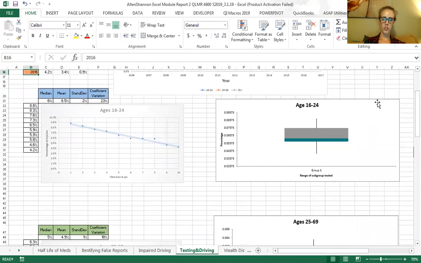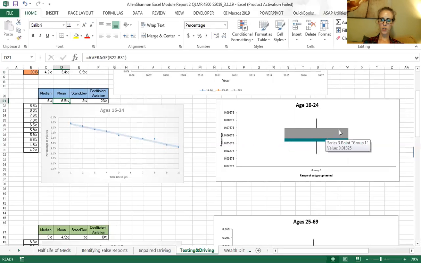Here is the age group of 16 to 24-year-olds. The average is 6.5% of 16 to 24-year-olds. Percentage of injury is up to 9%. Here's the trend line that comes through here.